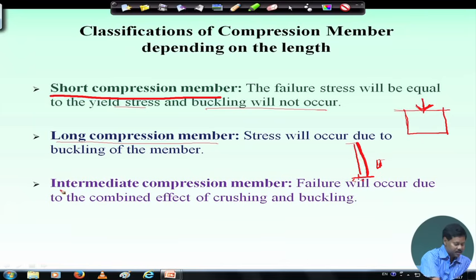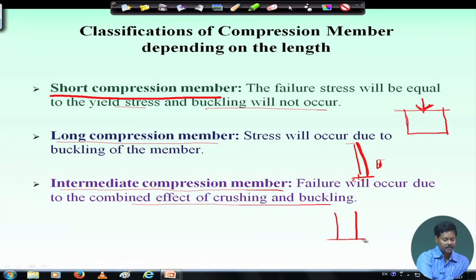Another case is the intermediate compression member. In case of an intermediate compression member, failure occurs due to the combined effect of crushing and buckling. In practice, most of the members are considered as intermediate compression members, because in this case the member will undergo both stresses. One is due to compression of the member: it will shorten its length and it will crush.